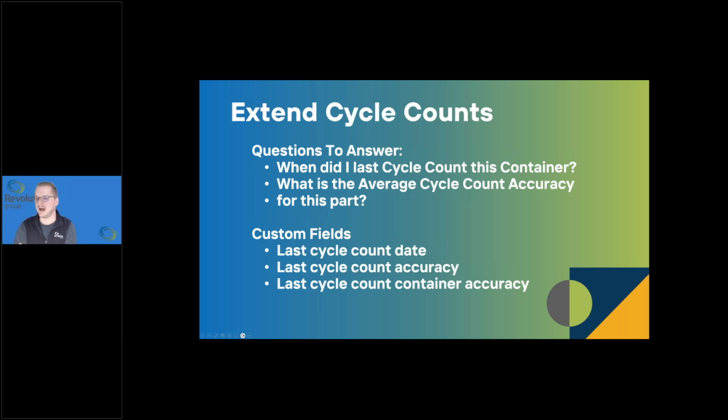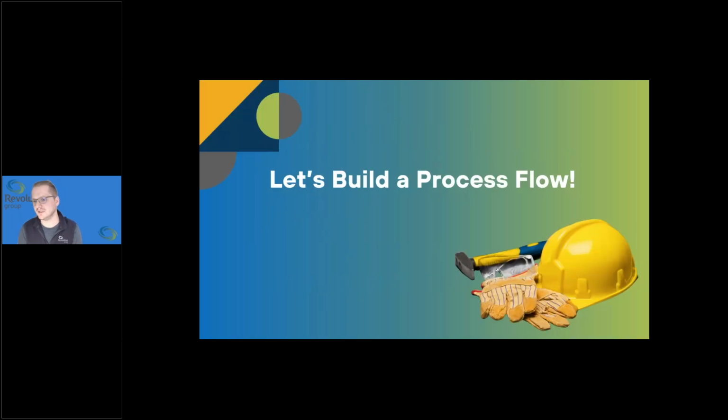But conversely, if you had an overall accuracy in the high 90s, maybe with a low accuracy on that specific container, that's telling you that you probably should be able to trust this container, as it was previously counted and is now kind of accurate, as that overall cycle count was pretty accurate.